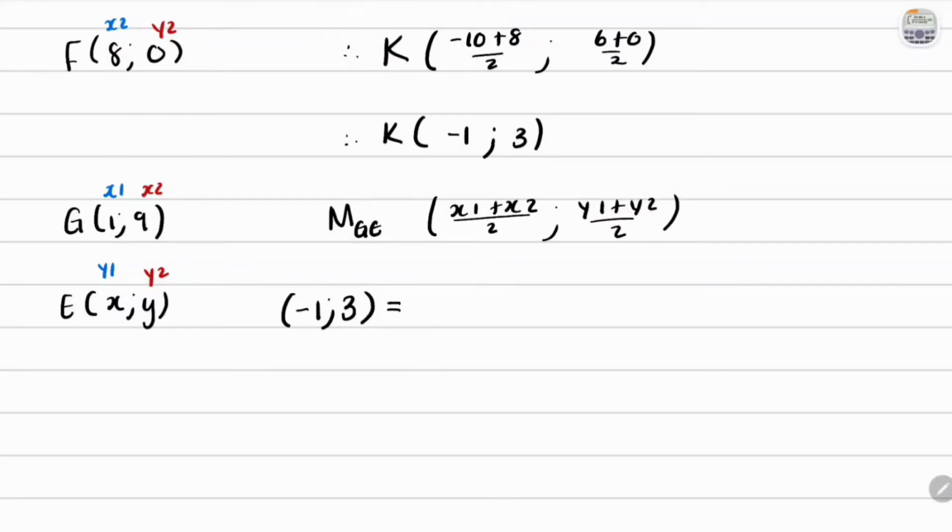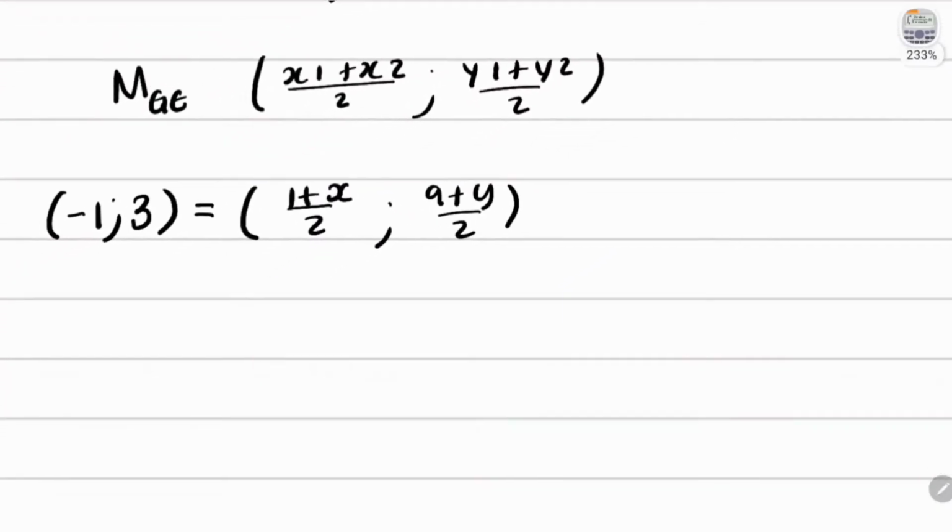We'll say it's equal to, for the sake of an equation, and now we're substituting our x1 and x2. So that is 1 plus x over 2, and here that is 9 plus y over 2.